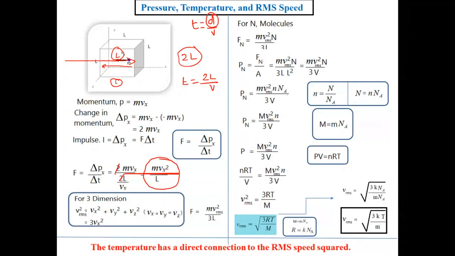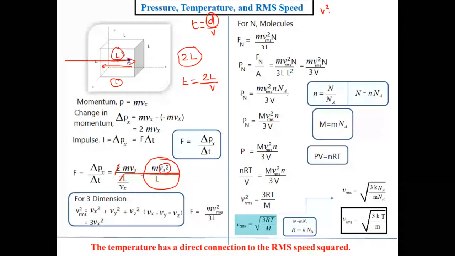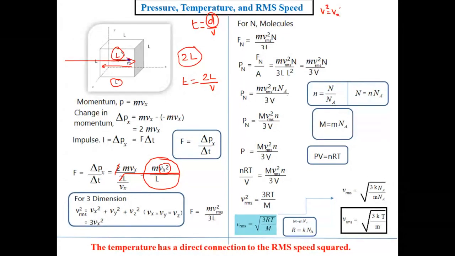Now, my dear, this equation is only for the X direction. How many directions do you still have? You have the Y direction and the Z direction. So my general speed squared is equal to Vx squared plus Vy squared plus Vz squared. This is exactly cubical in shape. My speed in the X direction is the same as the speed in the Y direction, and the speed in the Y direction is equal to the speed in the Z direction.